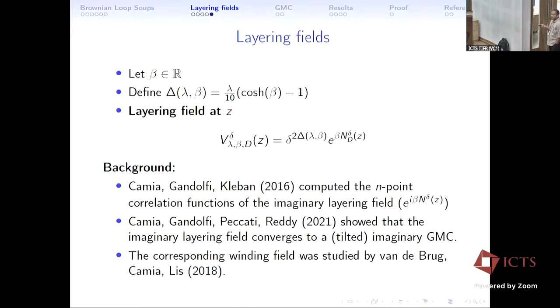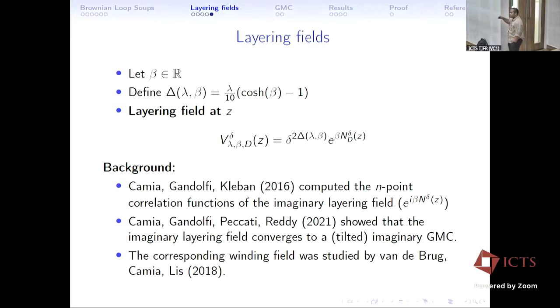And there is another very interesting paper of Vandenberg, Kamiya, and Liss, and they studied the winding field. So the layering field just counts the number of loops that cover a point. The winding field counts all the winding numbers contributed from each of the loops in the loop soup, and this is a much more difficult model to study because you cannot rely on the outer boundary of the loops.